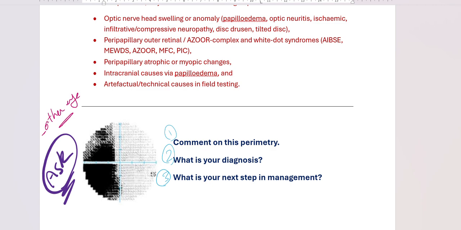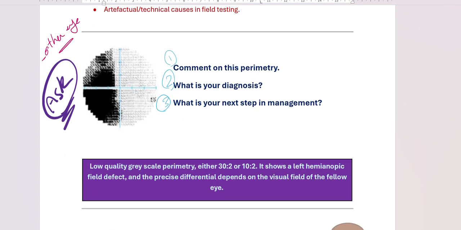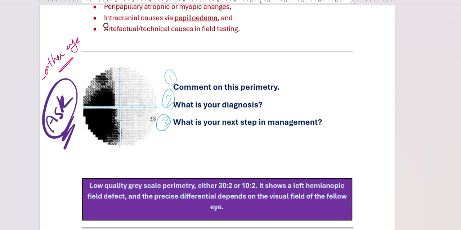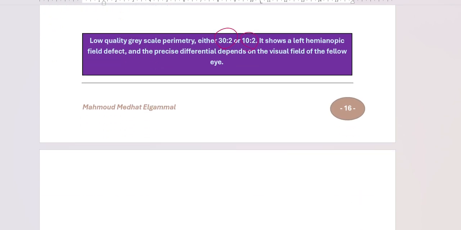So, first of all, upon commenting on this, it is a grayscale perimetry printout. It might be either 32 or 10:2. So you can't see a point of fixation here. As we explained in the literature review, we have the 10:2 visual field and it's a circle.